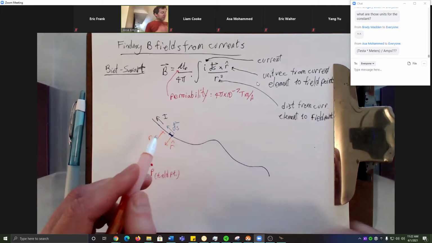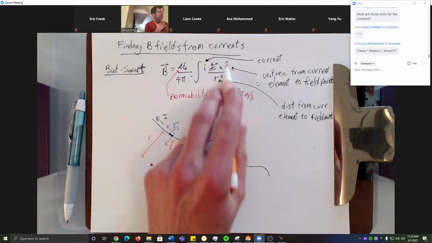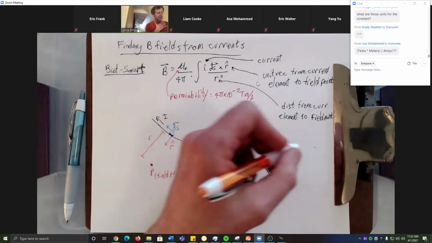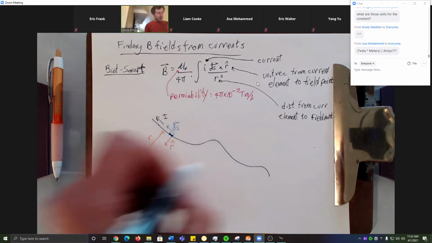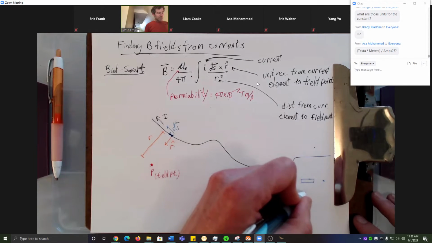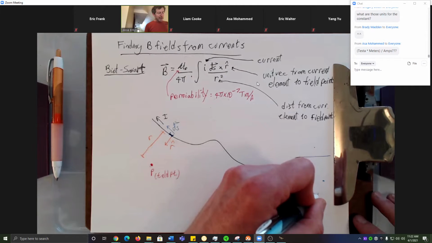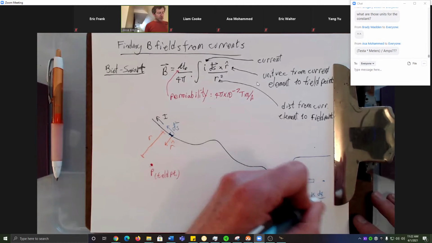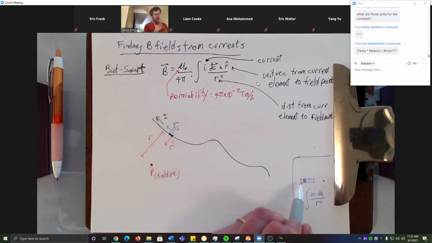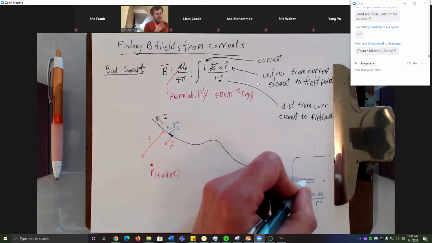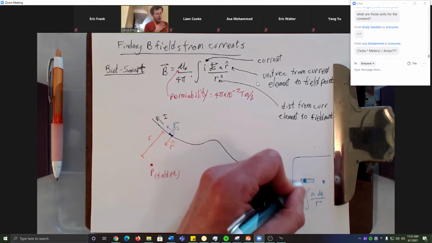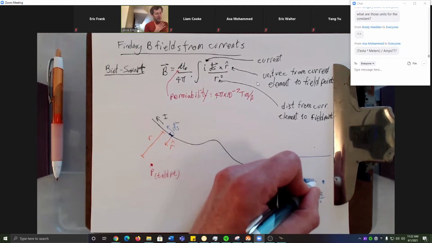All right. At first, this looks kind of intimidating because of the cross product inside an integral, but if you look at it, you realize it's not really very different from what we did here. You have a line charge and you want to know the E field here, right? The E field is the integral of K dq over r squared, integrated over all the elements. So there's an E field here from this element, plus an E field here from this element, plus all of them integrated from there to there.